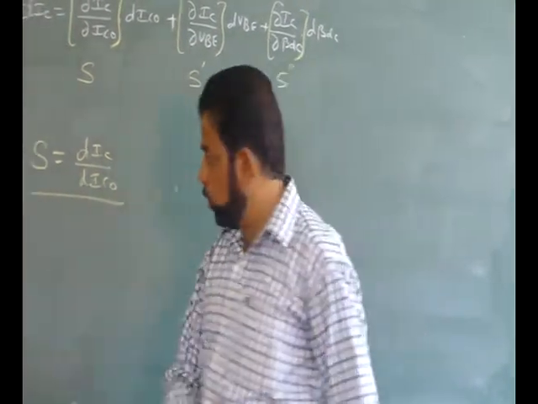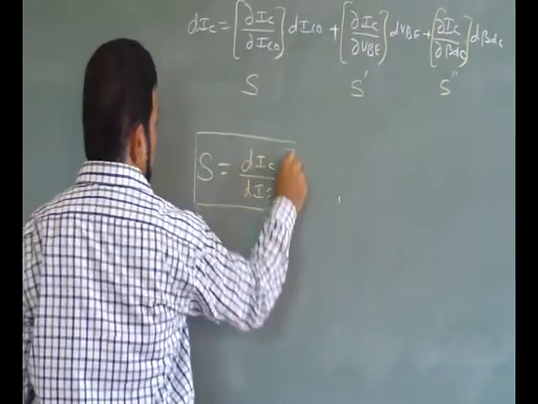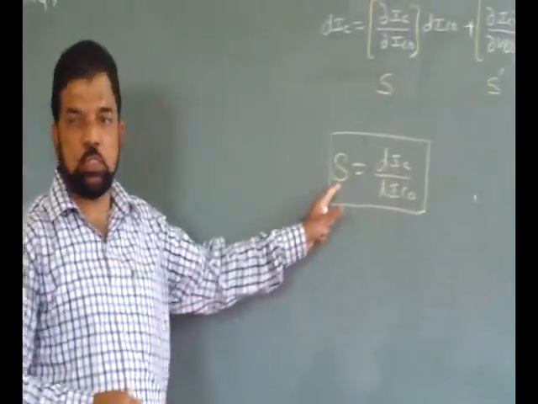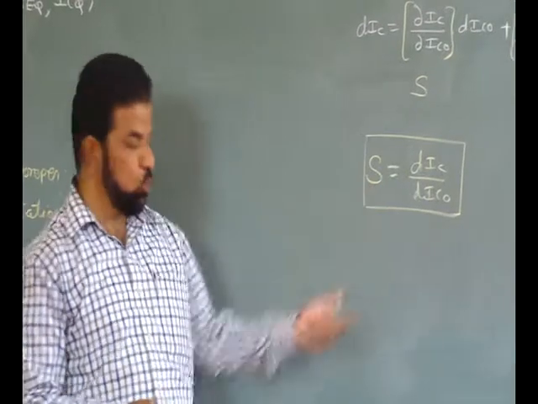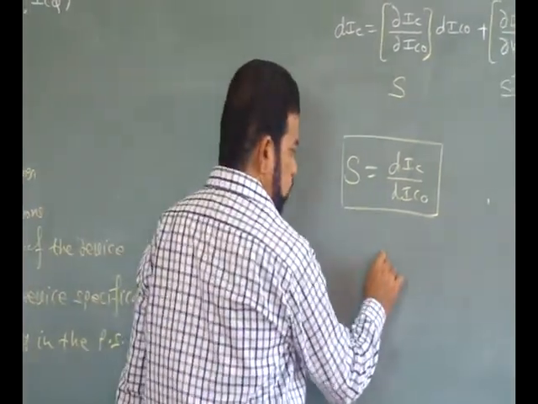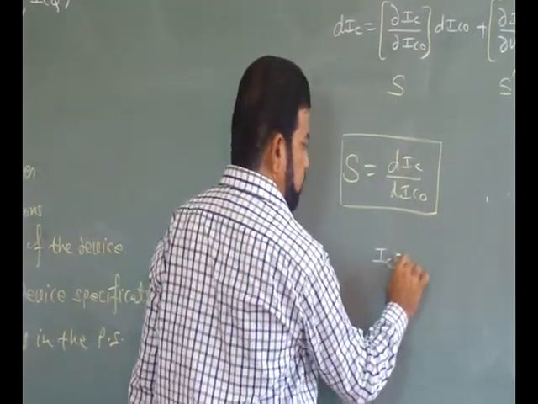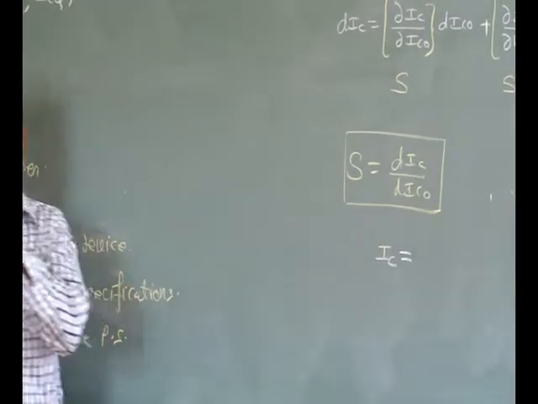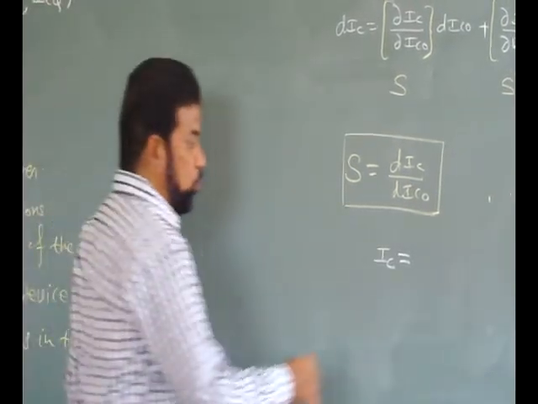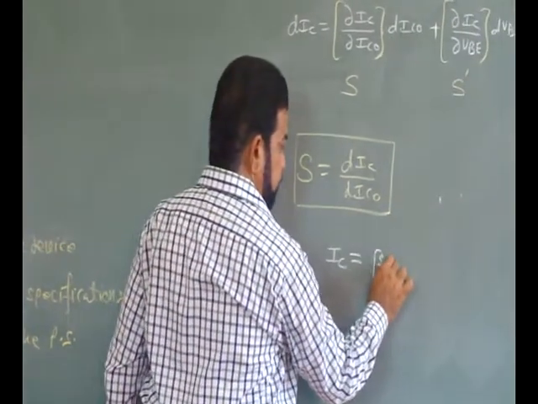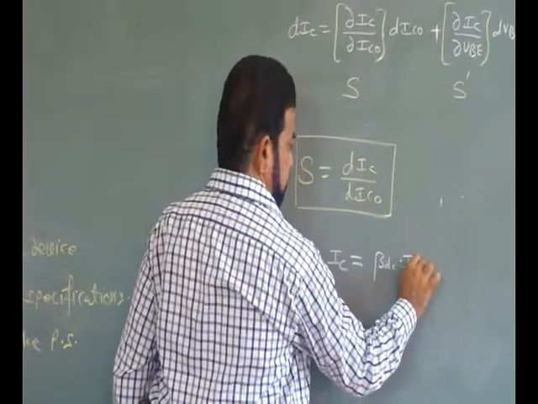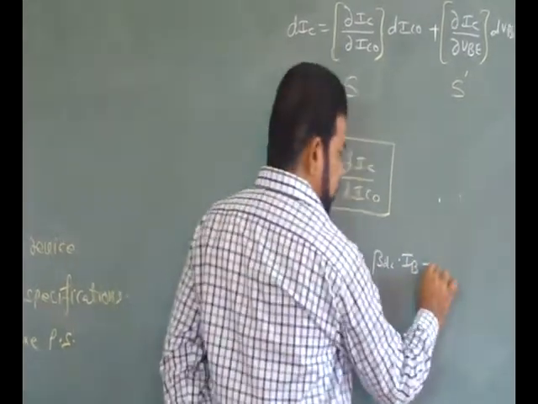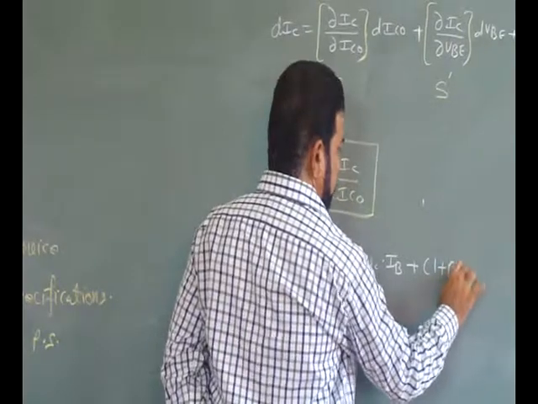Now one more equation we require is the equation for S in general. For that you can just recall the basic equation of a transistor. Collector current is a function of base current and it is a function of leakage current.